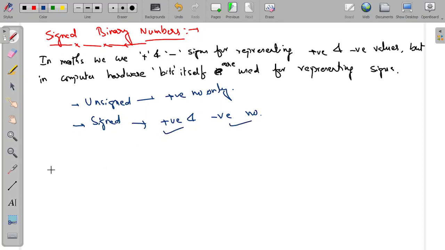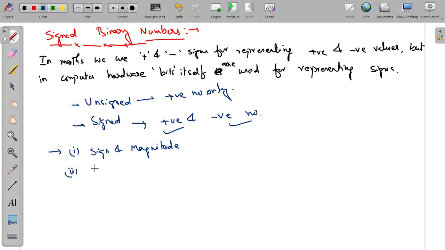Under signed binary numbers there are certain methods, certain codes we can say, which are used for representing signed numbers. The first method is sign and magnitude method.